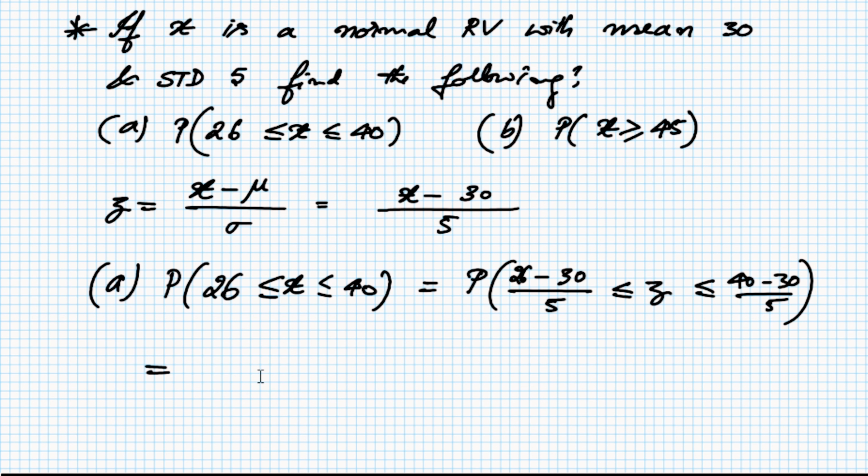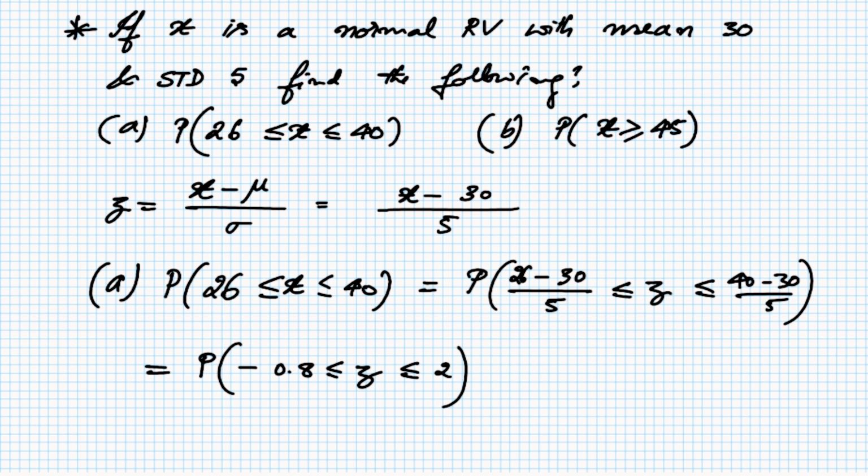Just verify whether you are getting a similar answer. So this is the probability of, a negative value, I think we get minus 0.8 less than or equal to z, less than or equal to 10 by 5, which equals 2. That's how we convert x into z.